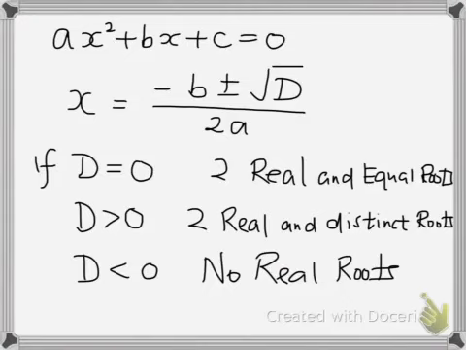If the discriminant is greater than 0, then you get 2 real and distinct roots, so the 2 roots must be of different values. Or if the discriminant is less than 0, then voila, nothing to do because you can't do anything. So that says you have no real roots.